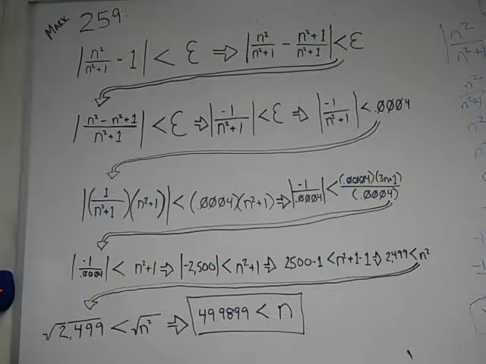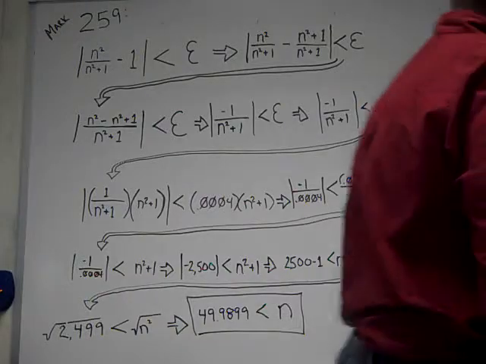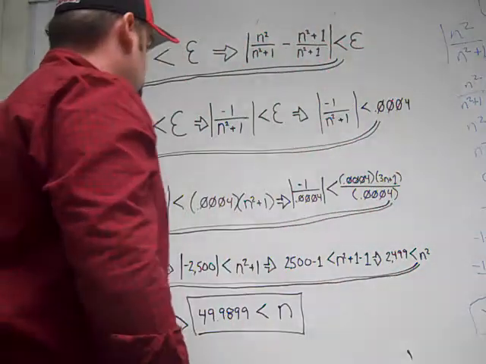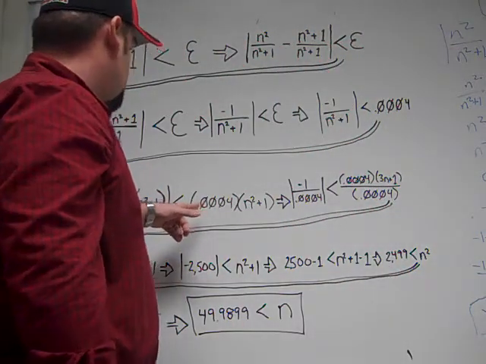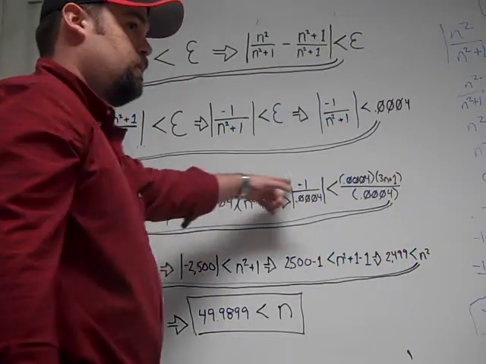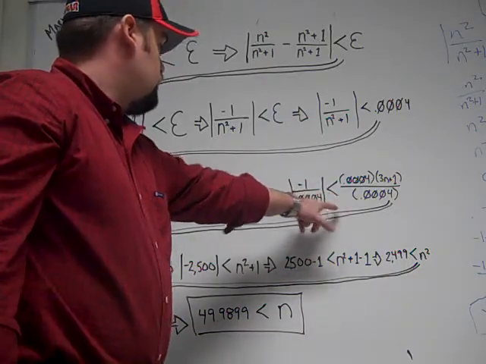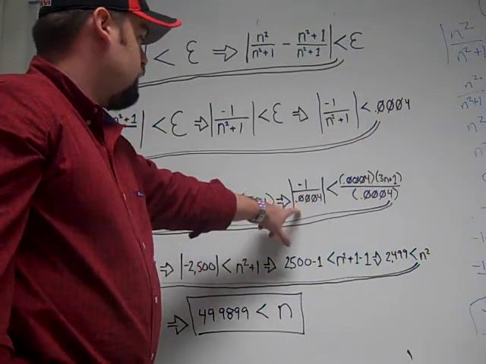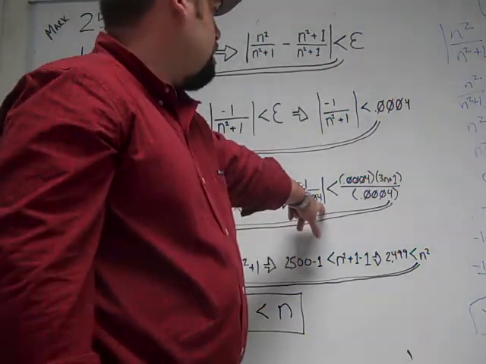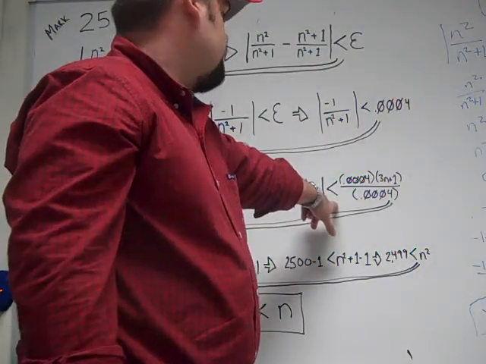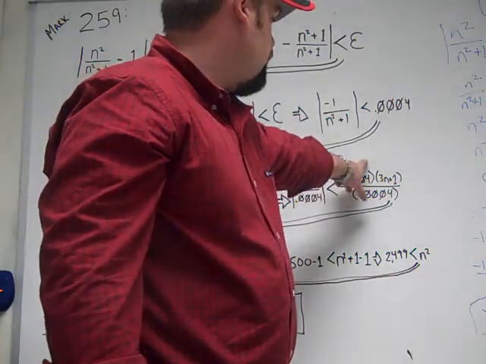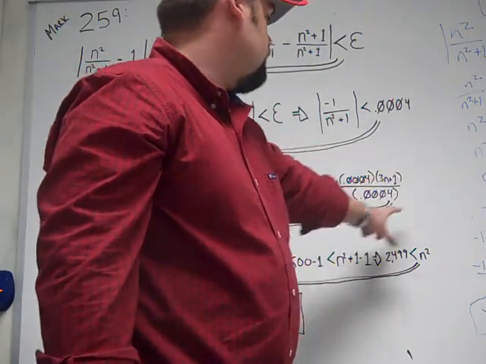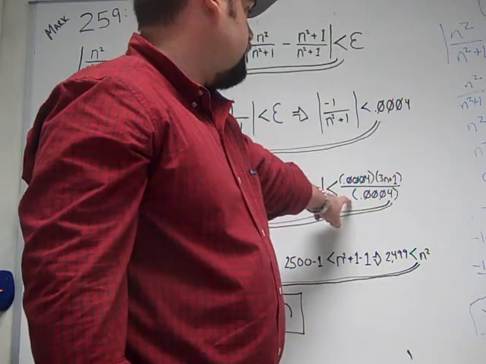I just have a question about what is on the third row, the last one. What does that say? Negative 1 over 0.0004 is less than 0.0004 times 3n plus 1 divided by 0.0004.